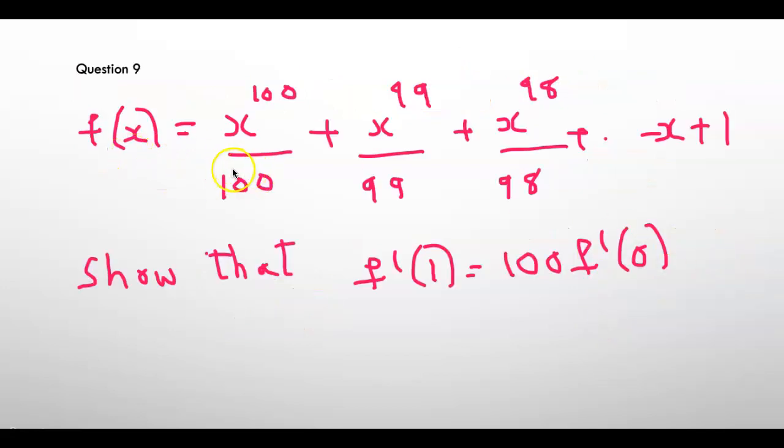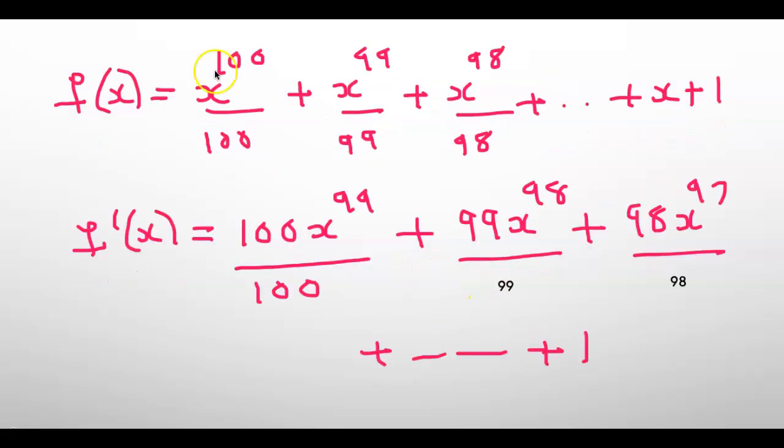Question 9. f(x) equal to x raised to 100 by 100 plus x raised to 99 by 99 plus x raised to 98 by 98 and so on, up to plus x plus 1. So you have to show that f dash 1 is 100 into f dash 0.